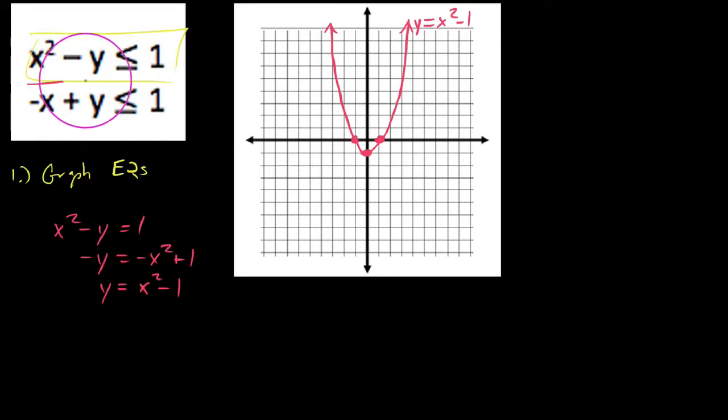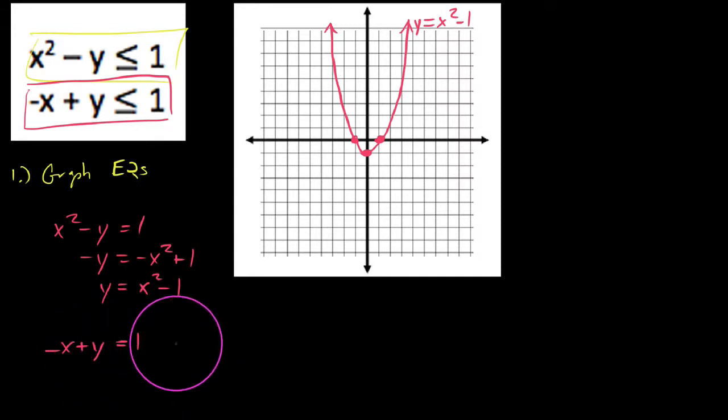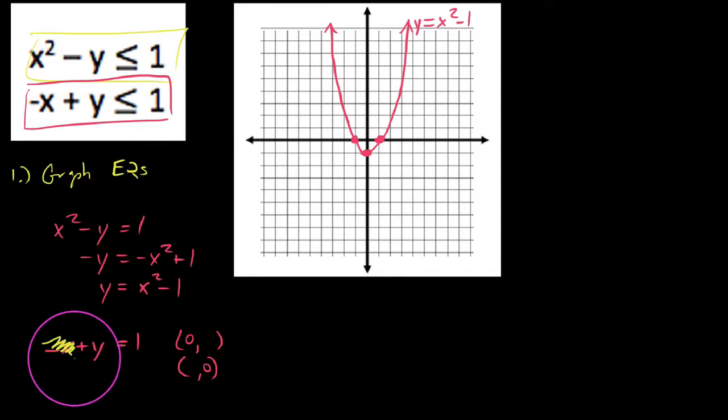The next graph, I notice this is a linear constraint, so we would graph the equation negative x plus y equals 1. Since it's in standard form, we're going to find its intercepts. Plug in 0 for y, plug in 0 for x. If you plug in 0 for x, you'd get y equals 1. So it hits my y-axis at 1.